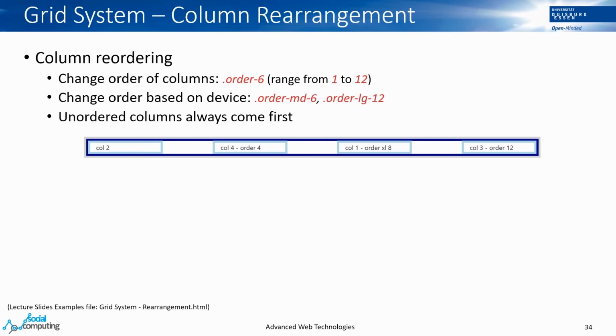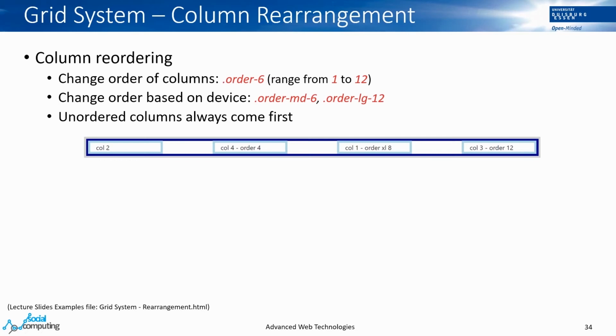So if you just use the word order and then specify the column position where it should be displayed, then all the other columns which do not have an order class assigned to them will appear first, and then all the columns which have an order class assigned to them will appear in their order.